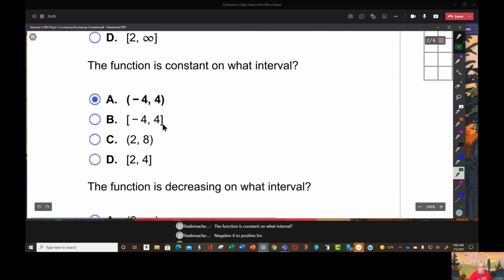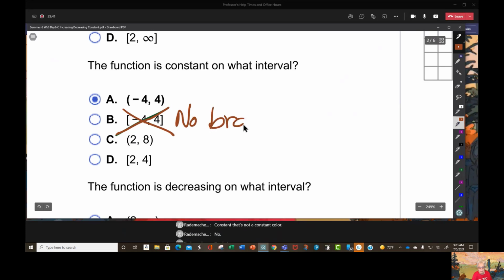Right there. Don't choose that one. Choose this one. No brackets. Let me mark that. Constant. That's not a constant color. No brackets. Really obnoxious.